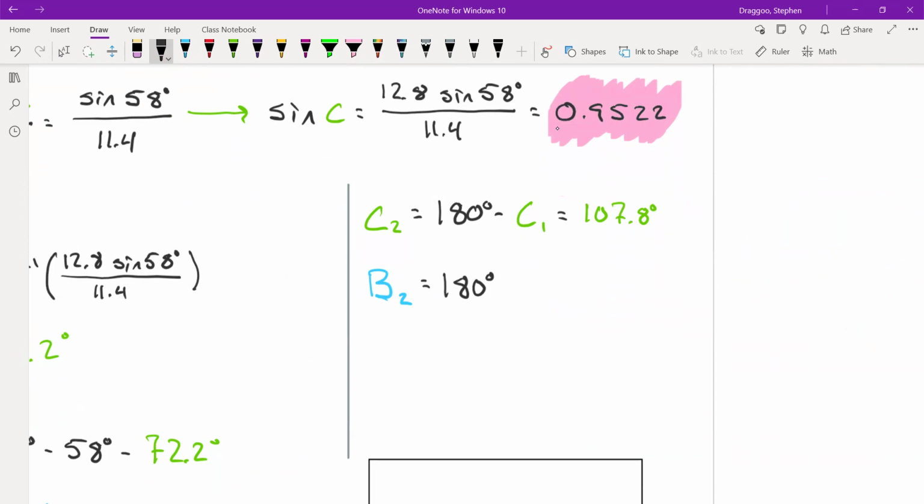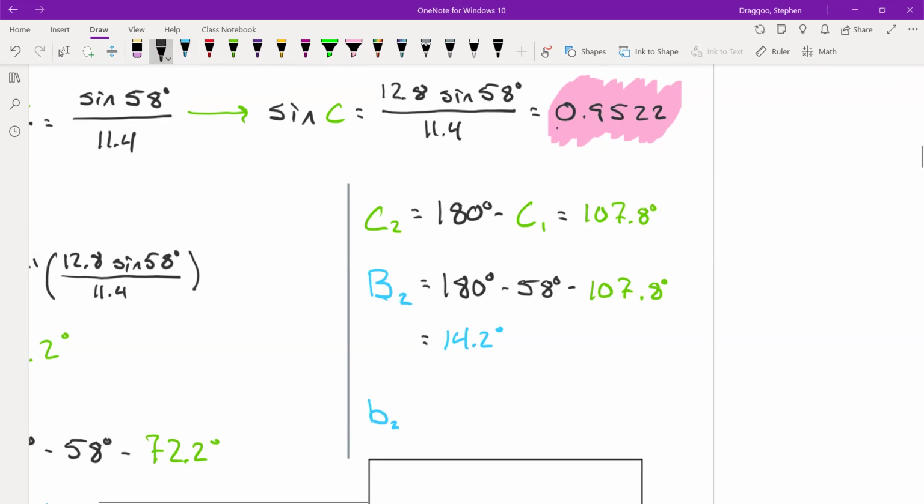So 180 minus 58 minus, this time, 107.8. And hopefully you get 14.2 degrees. So that's angle B2.